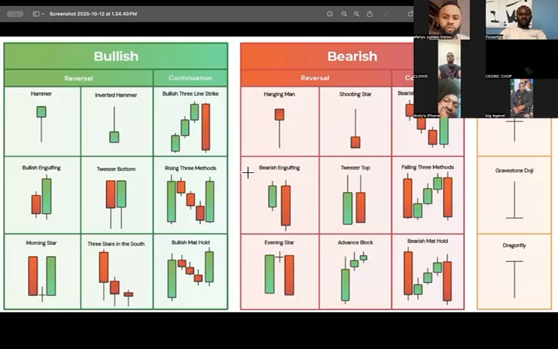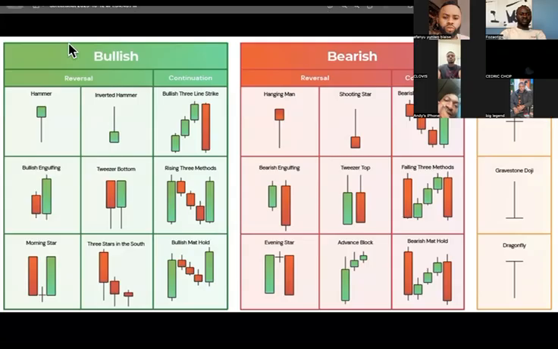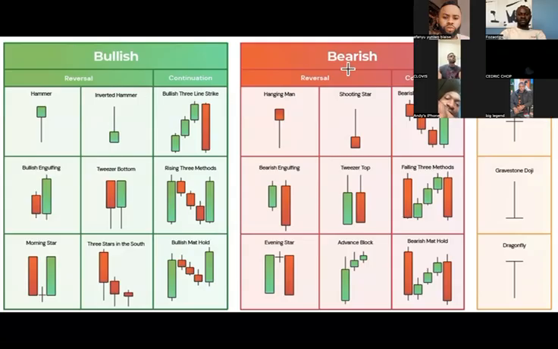Yes, let's get back on that. From the last class, we gave you the definition of what a hammer and an inverted hammer was. I'll just run over it again. A hammer is just a single candlestick pattern.